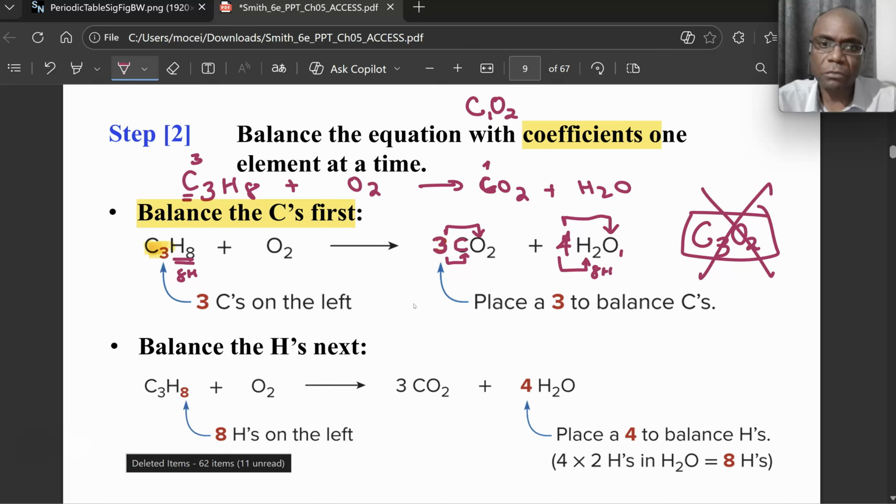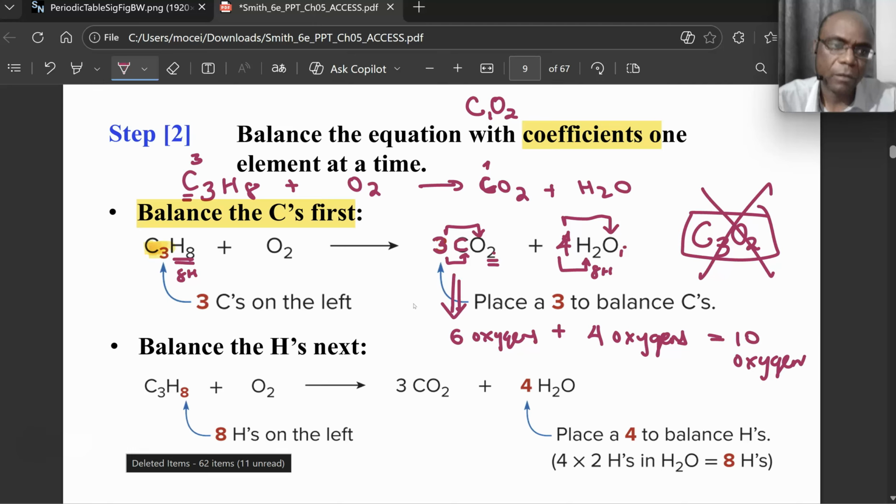So now if you count the number of oxygens here, 3 times 2, I have 6 oxygens on the right side, and 4 times 1, I have 4 oxygens from the 4 waters. This tells me that on the right side I have 10 oxygens, which came after I tried to balance the carbon and the hydrogen.